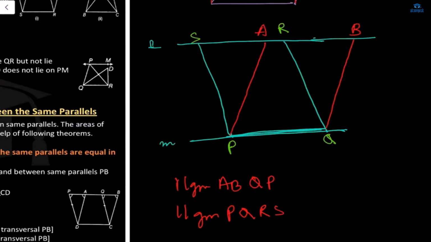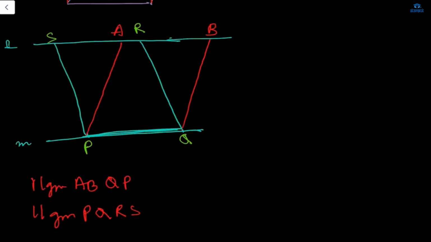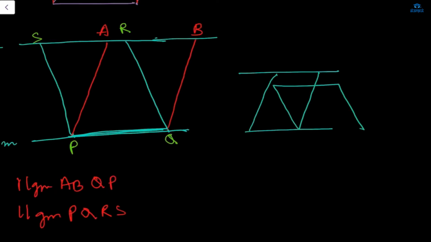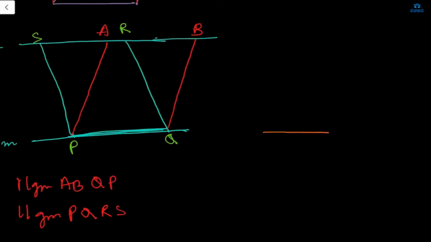To understand better, let me show what it looks like when it is not between the same parallel lines. If I draw a diagram like this, with one parallel like this and the other parallel like this, I need the same base.